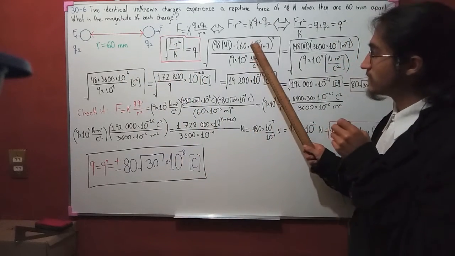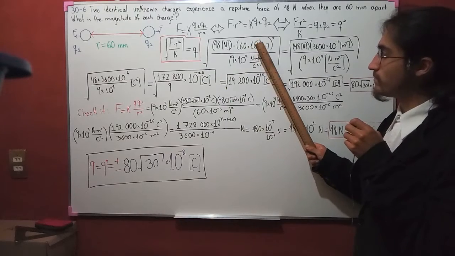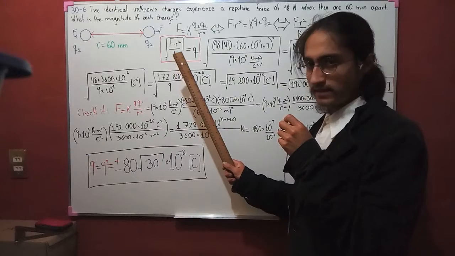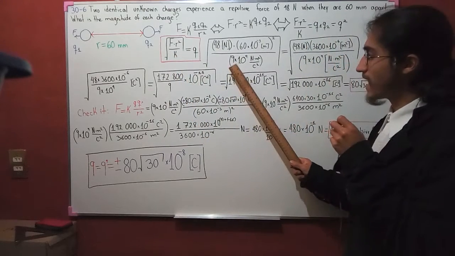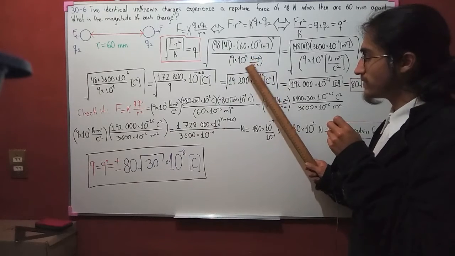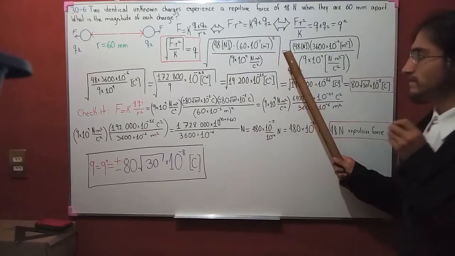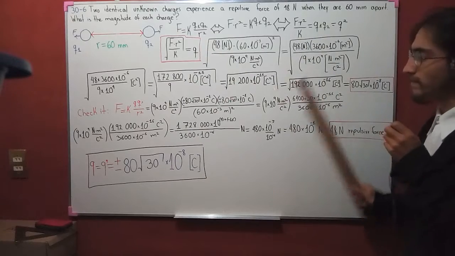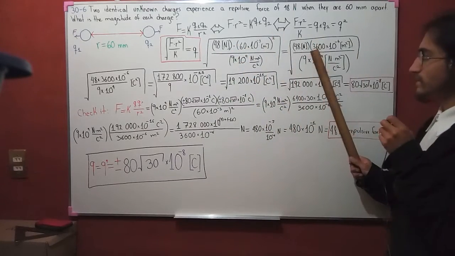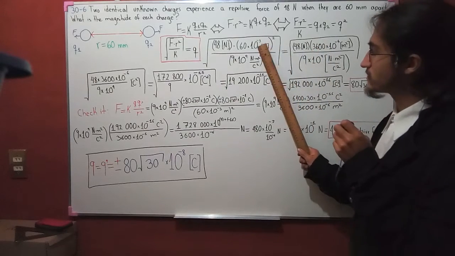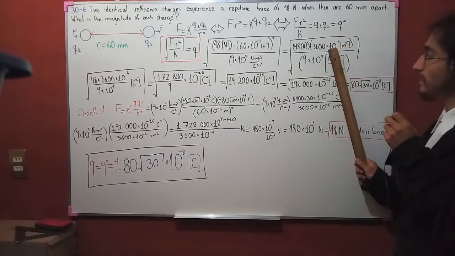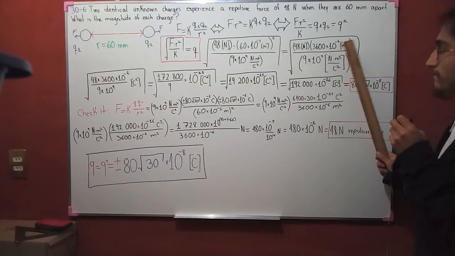So 60 times 10 raised to the power of negative 3 meters, squared. This is divided by K, which has a magnitude of 9 times 10 raised to the power of 9 Newton meter squared divided by Coulomb squared. It's equal to the square root of 60 squared, 3600, times 10 raised to the power of negative 3 squared, equal to 10 raised to the power of negative 6 meter squared.